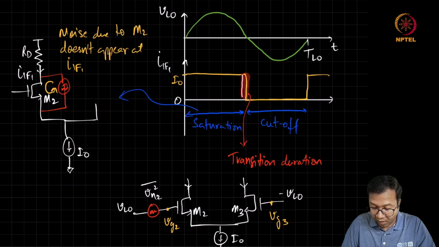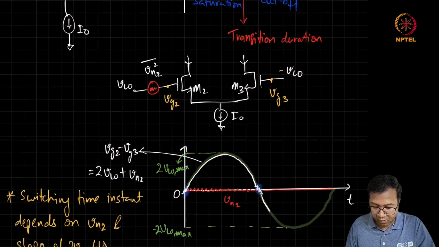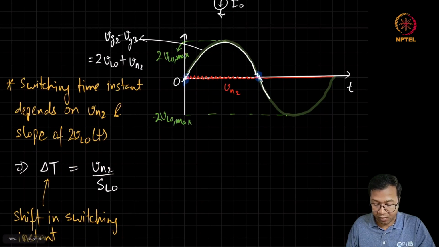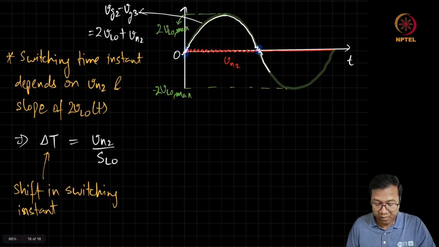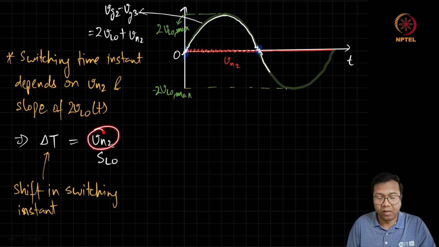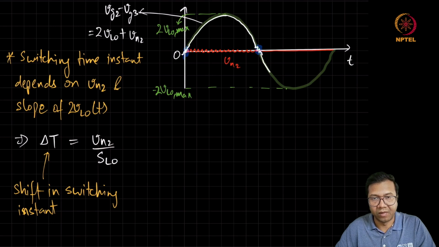Sometimes the I naught will switch early, sometimes a little bit late. So this error which is going to appear in the output will give rise to the noise at the output, and this shift is directly dependent on the noise added by M2.